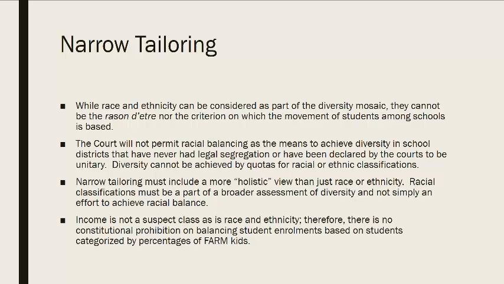So again, now we're touting those schools. You cannot use racial quotas to gain unitary status alone. Okay, alone. Narrow tailoring must include a more holistic view than just race or ethnicity. Racial classifications must be part of a broader assessment of diversity and not simply an effort to achieve racial balance.